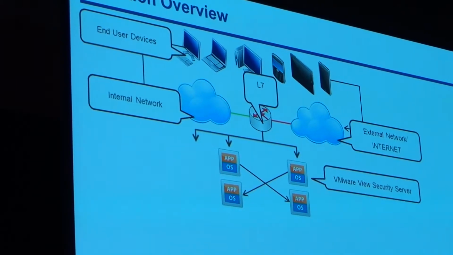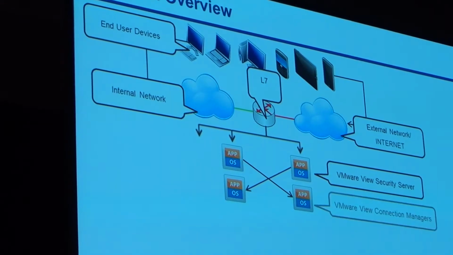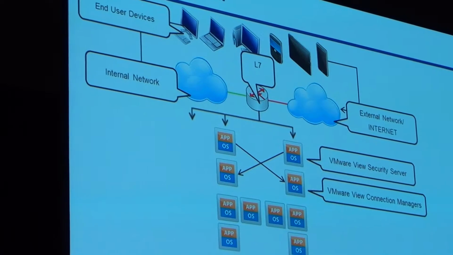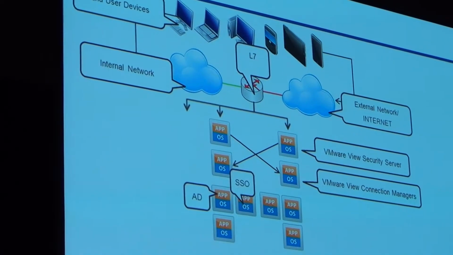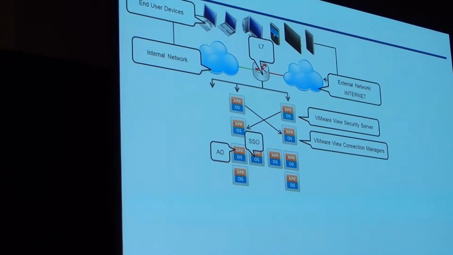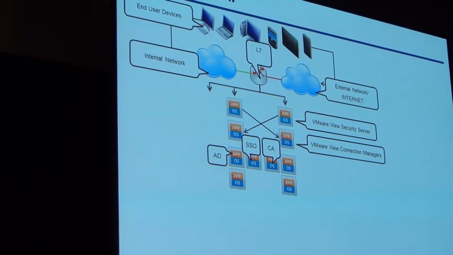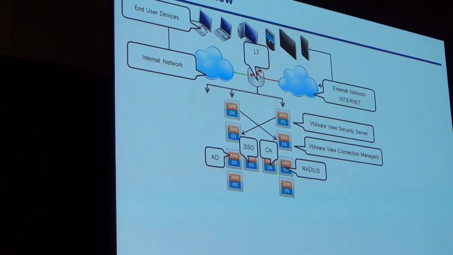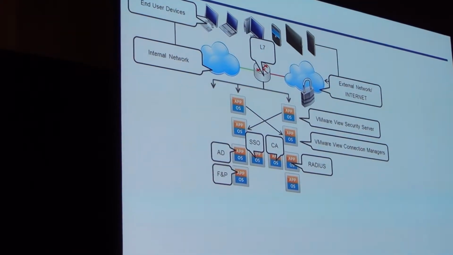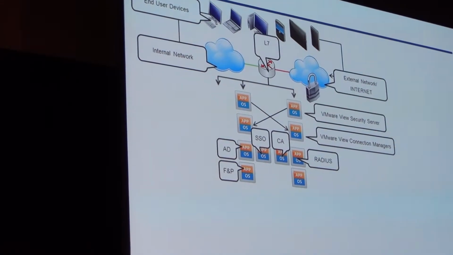So the first place that the load balancer will hit will be the security server, which will then route to your internal connection managers. We have our common infrastructure pieces, such as the AD, SSO if you'd like, your certificate authority if you have that set up, RADIUS. We want a file and print server which handles all our open apps and persona data.